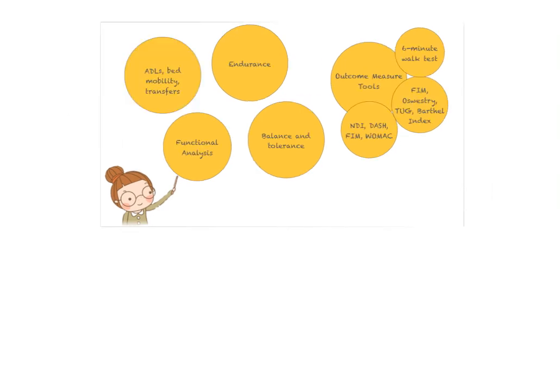Okay, lastly, we have the functional analysis. So what are we after? You have the ADLs, bed mobility, transfers, endurance, balance and tolerance. Okay, you have the following outcome measure tools, which we will be discussing in detail in the succeeding sessions. So for FA, how are you going to document that? So you write O, and then you write FA, and then greater than sign, and then this is a constant also, the heading, no?